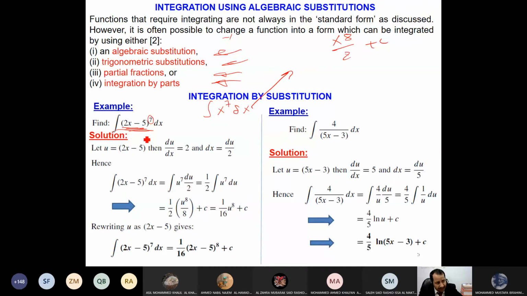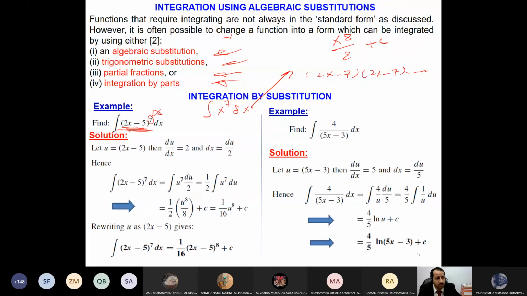This means the bracket is multiplied 7 times, 2x minus 5 by 2x minus 5, until 7 items. If you open them, you have a long expression, difficult to solve this way and time consuming. Now it's raised to the power 7. What if it is raised to the power 100? You cannot solve it easily.